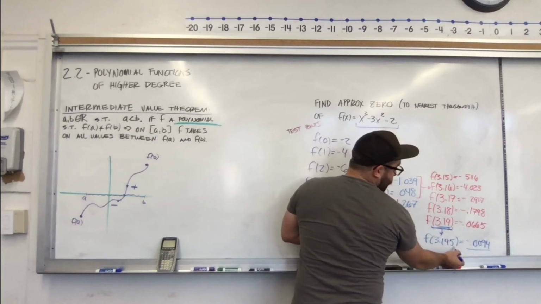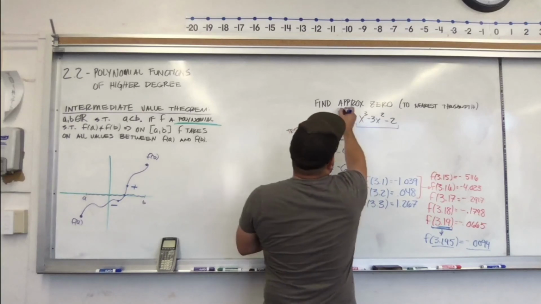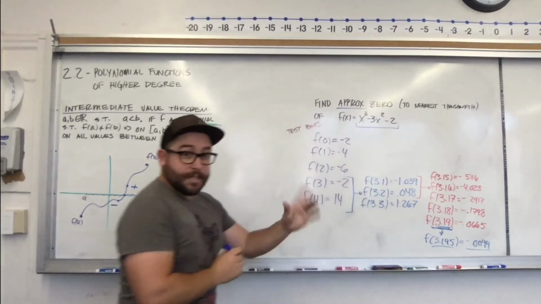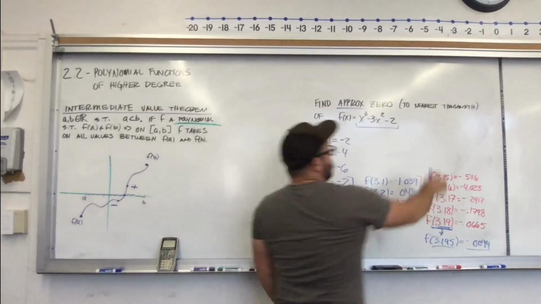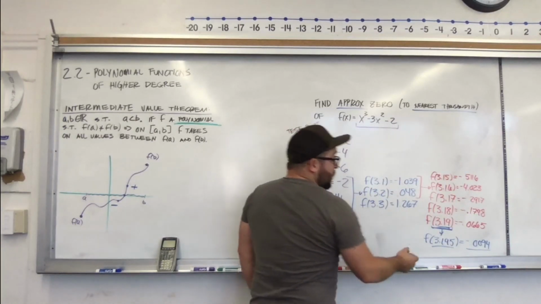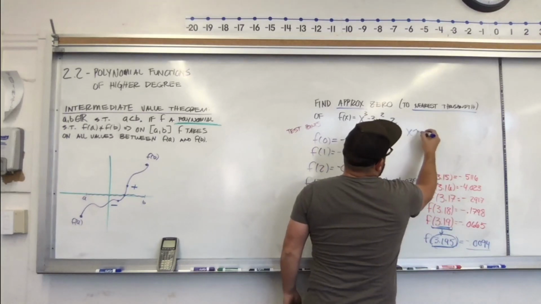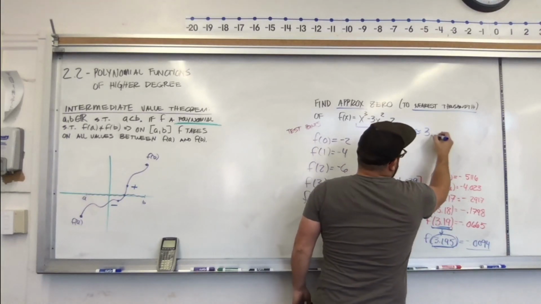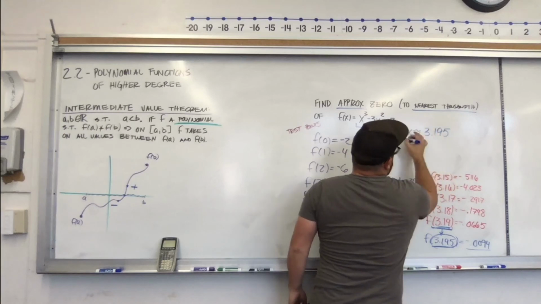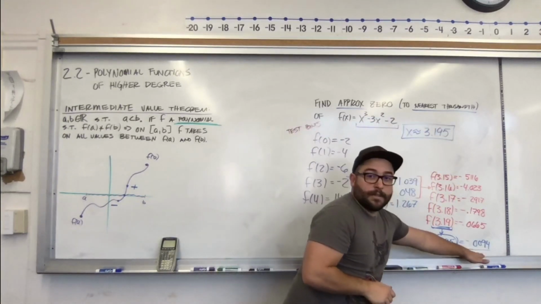So we just checked it to the thousandths place. And ultimately, it's asking us to find an approximate, not the exact, an approximate to the nearest thousandth. And without wasting our time testing it forever, I would say this value of x is approximately 3.195, a pretty good approximation as we're getting increasingly close to 0.